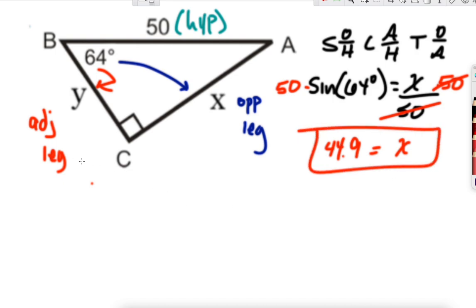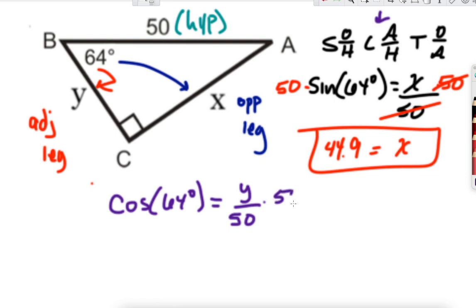That looks good. Y is the adjacent, and we know the hypotenuse. That's going to be cosine. Cosine of our angle 64 equals y over 50.